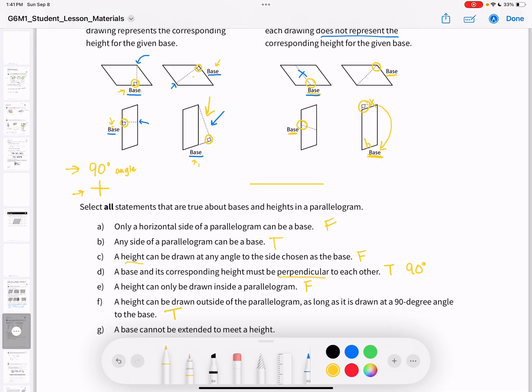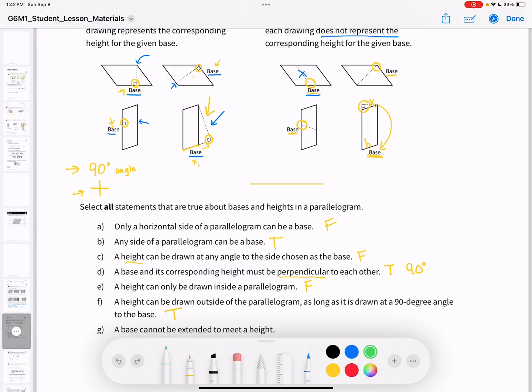A base cannot be extended to meet a height. Well, that's not true because look, this right here is our base and it's been extended out to meet the height. Now this works because that's like taking this here, cutting this down, and moving it over.